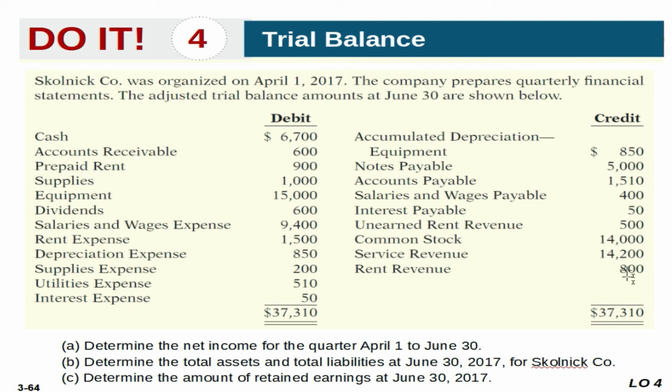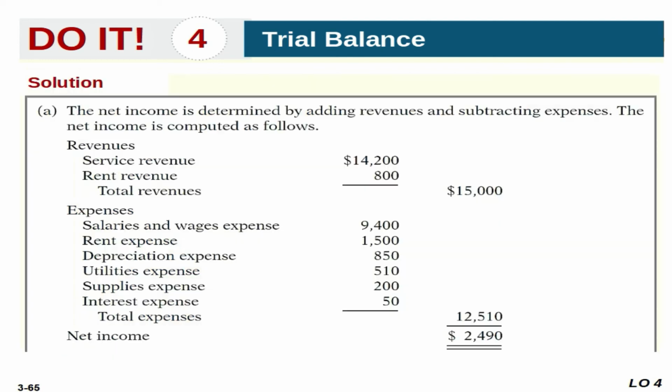So 1400, 800, those are our revenues. We go back to the income statement and plug those in, and then we have total revenues. Then you grab everything that says expense next to it from the adjusted trial balance and put it under expenses, total that up, and then you subtract your total expenses from your total revenues, and then you have your net income.